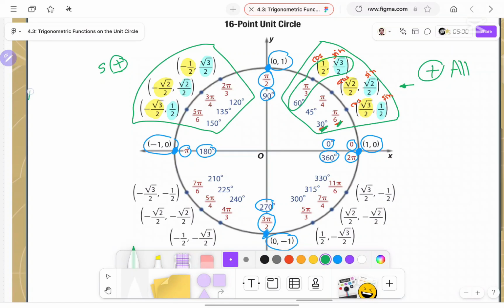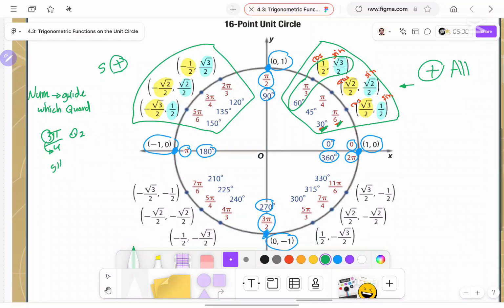The numerator will guide you which quadrant we are in. For example, 3 pi over 4, 3 is 1 less than the denominator, so we are in quadrant 2.